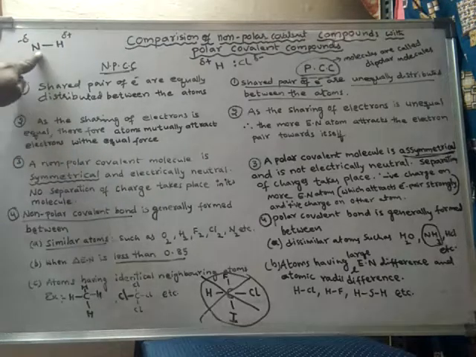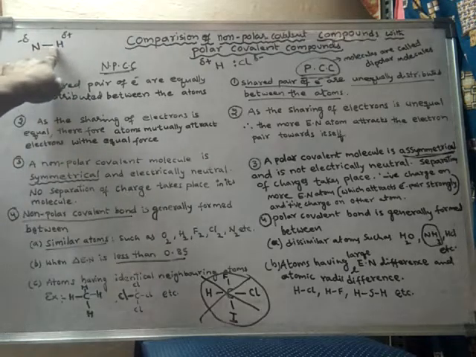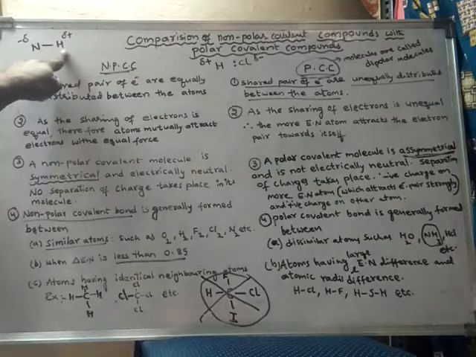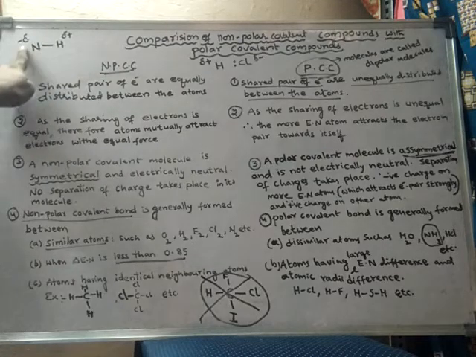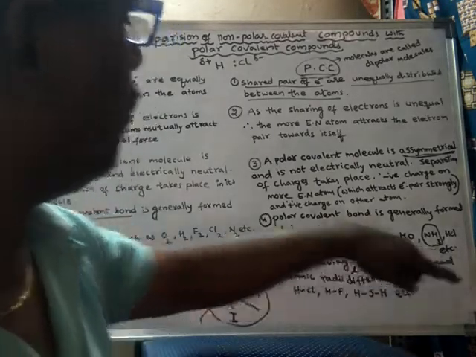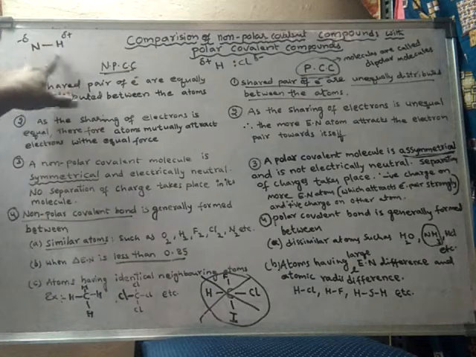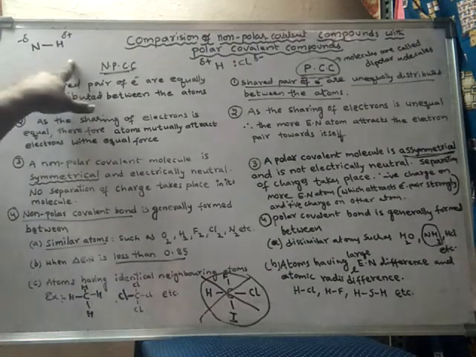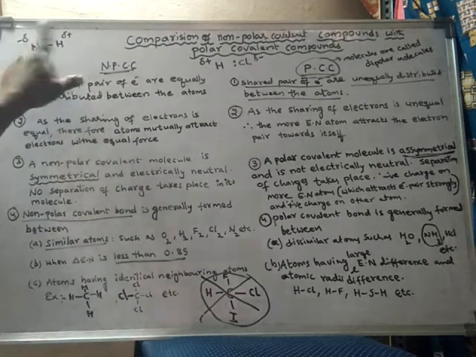This is a bond, and towards one end of this bond it is the negative pole, and towards the other end of the bond it is the positive pole. So in this ammonia molecule, you will find two ends which are opposite in charge.